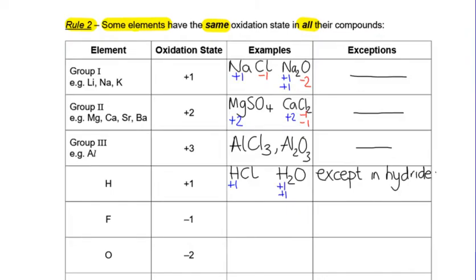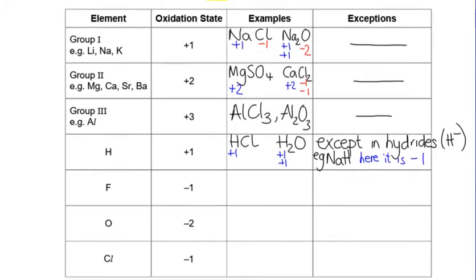Hydrides are compounds with metals, e.g. NaH, and the reason it can't be +1 there is because sodium is +1, so the hydrogen has to be negative. So in that the sodium is +1 but the H is -1. Hydrides contain the H- ion, so that explains why they'd be -1. That's our exception there.